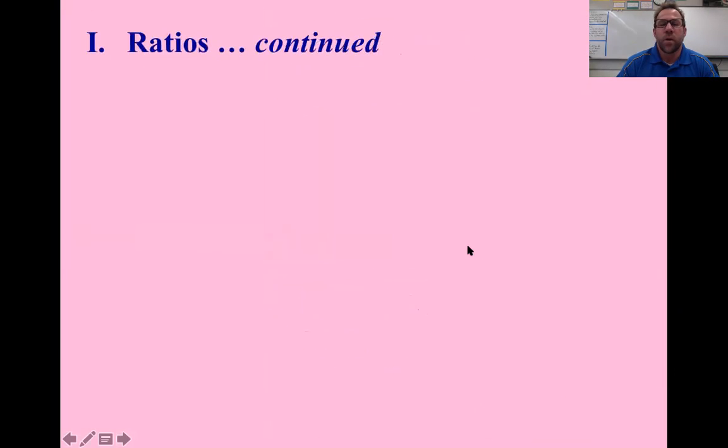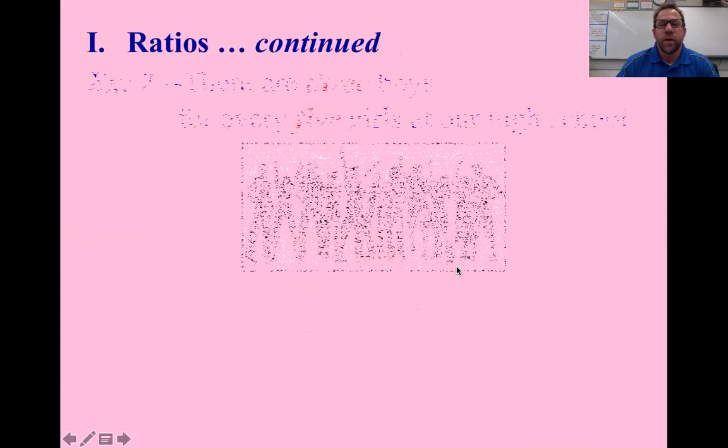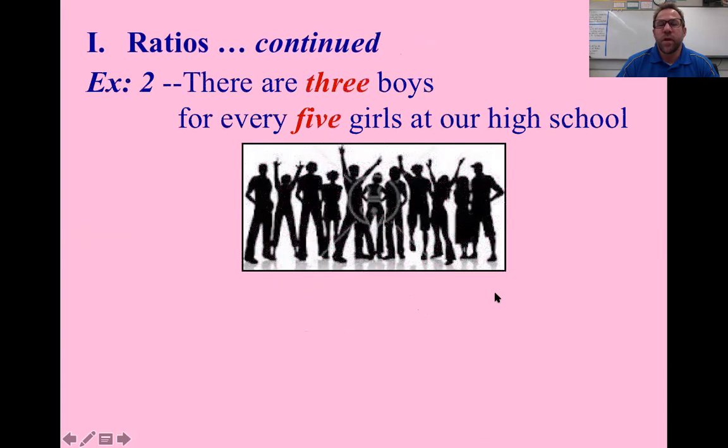Okay, all right, so here we go. Let's move on. So here's an example that's maybe a little easier for you to understand right now as a high school student. I think you have this example on your paper. There are 3 boys for every 5 girls at our high school.